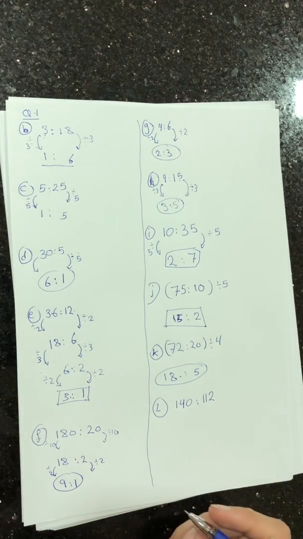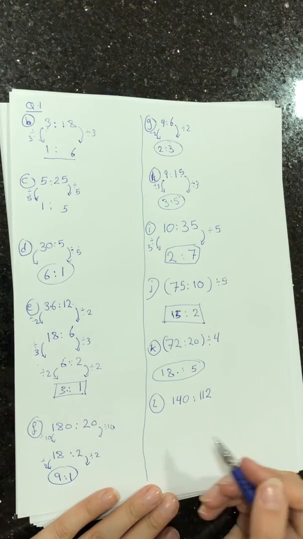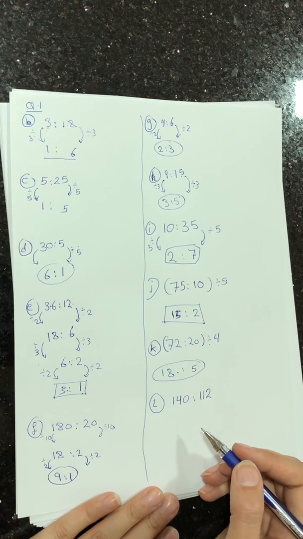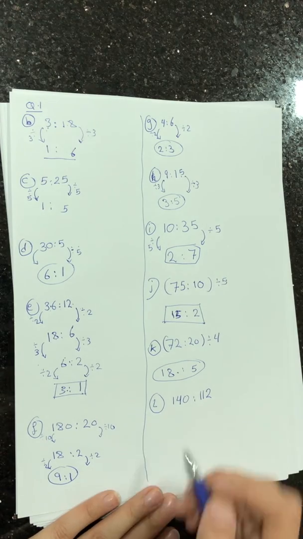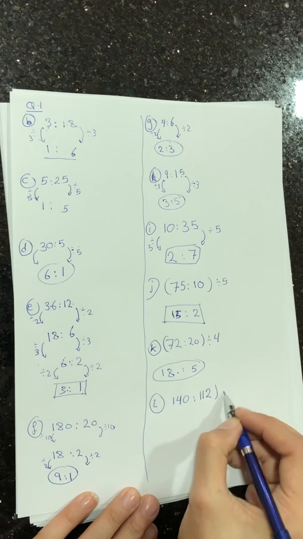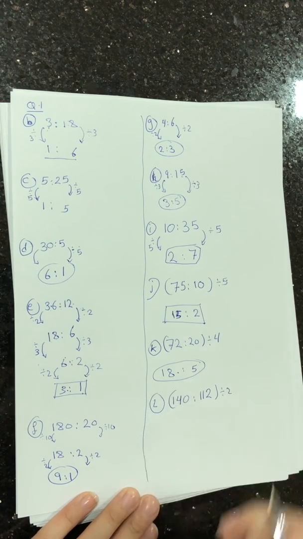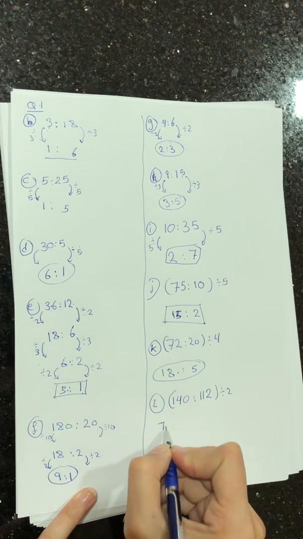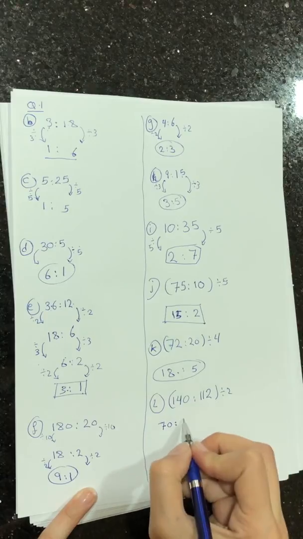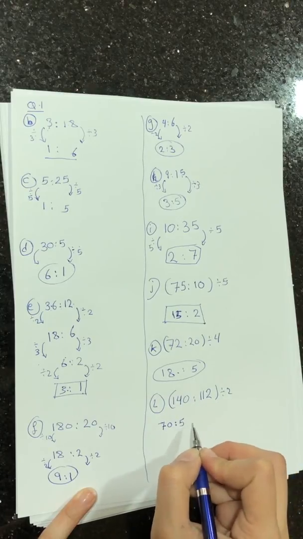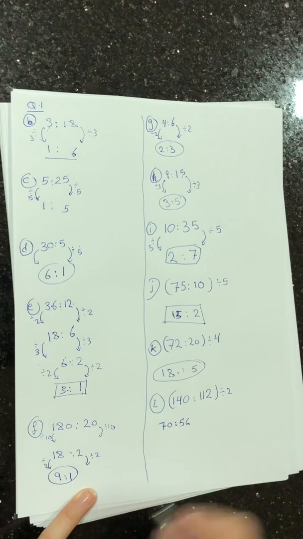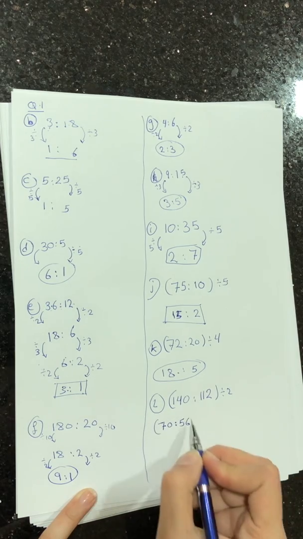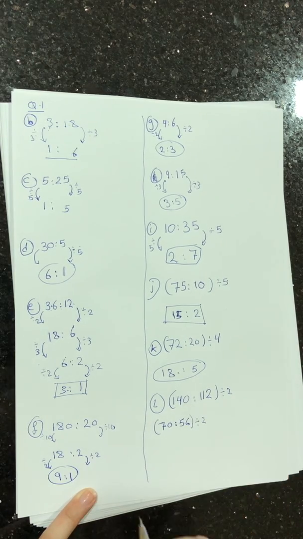140 divided by 112. You can say that I don't know what is a common factor for both of these, but I know that they are both divisible by 2. And you can start dividing by 2. You'll have 70 and 56. So it's 70 to 56. Also, both numbers are divisible by 2.